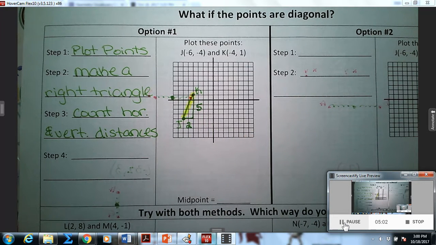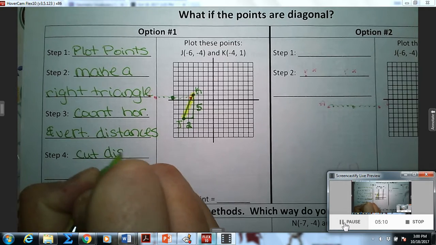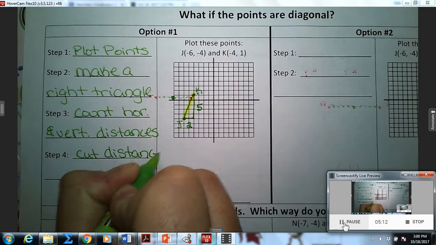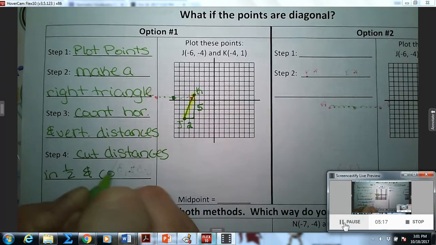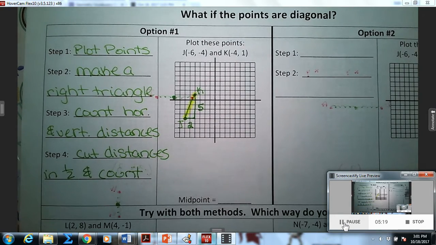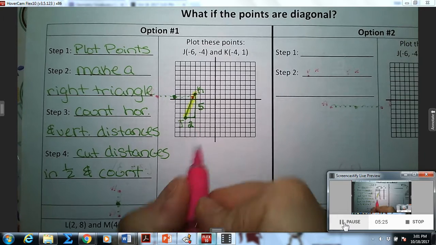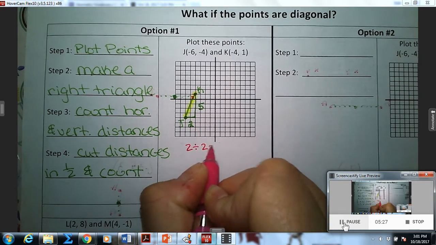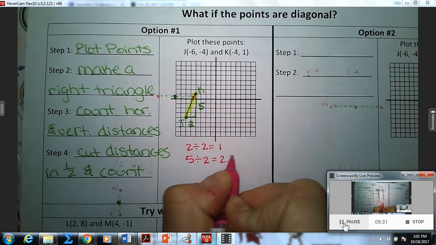Finally, all you need to do is cut those distances in half and then count out the midpoint. Cut distances in half, and then count. Very simple. If we take 2, our horizontal distance, and divide by 2, 2 divided by 2 is 1. 5 divided by 2 is 2.5.